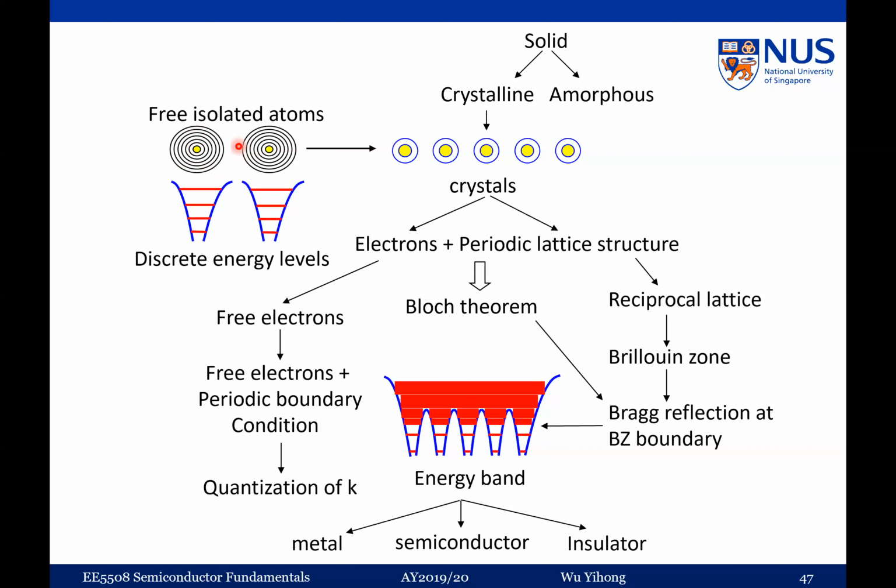However, if you have another atom which comes close to this atom, and of course we're talking about inside a solid, the electrons from the two atoms will try to interact with each other. When the electrons interact, it means their wave functions will overlap.